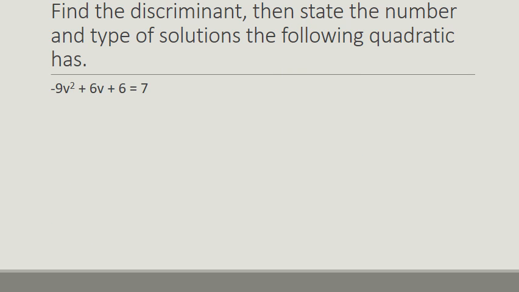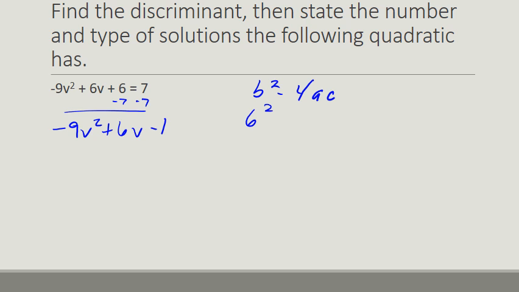Same thing, find the discriminant. This time we're going to bring the 7 over here and subtract it. So I get negative 9v squared plus 6v minus 1. If I put into b squared minus 4ac, I'm going to get 6 squared minus 4 times negative 9 times negative 1.